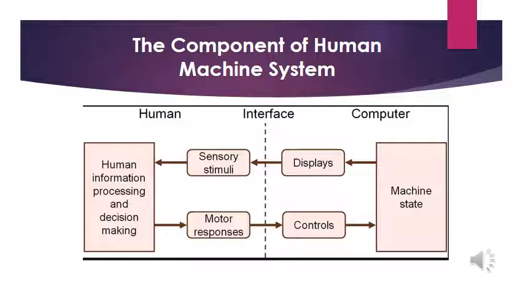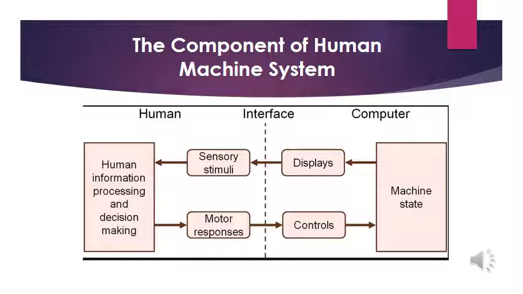In order for a human to be connected with the system, there are interfaces that become their bridge. For example, take the human-computer interface, where the computer is the machine. The computer has displays and controls.